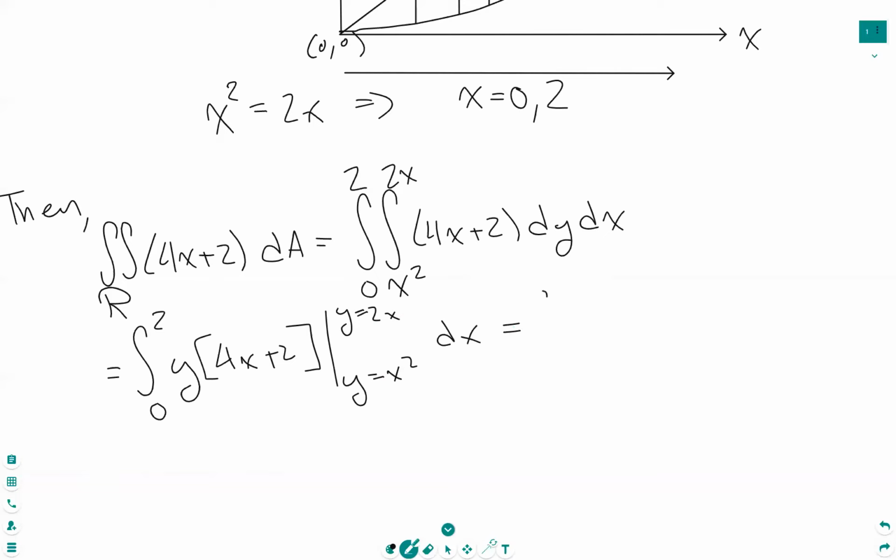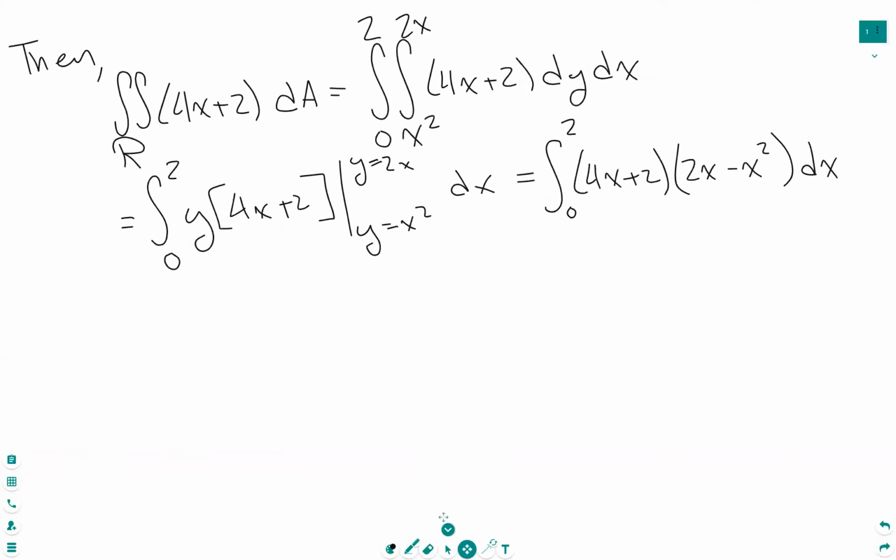So this is the integral from 0 to 2 of 4x plus 2 times 2x minus x squared dx.